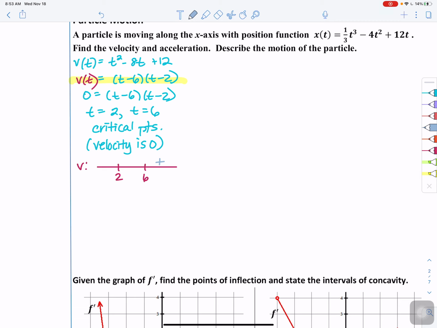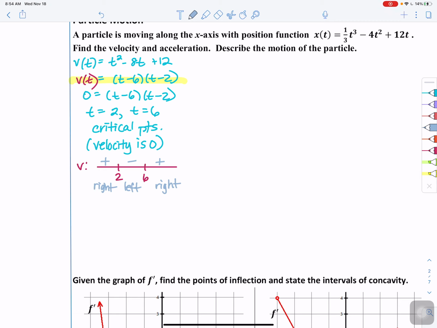If I plug in a 3, I'm going to get a negative times a positive. And a 1, I'm going to get a negative times a negative. So there's our velocity. So here I'm moving to the right, I'm moving to the left, the particle's moving to the right, and then the particle is still for just a moment at t equal to 2 and 6, okay?